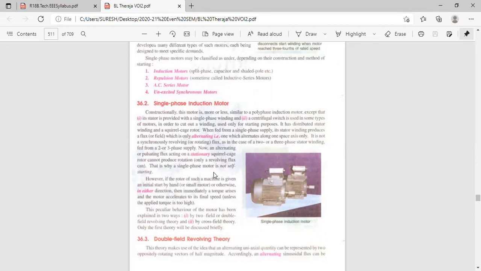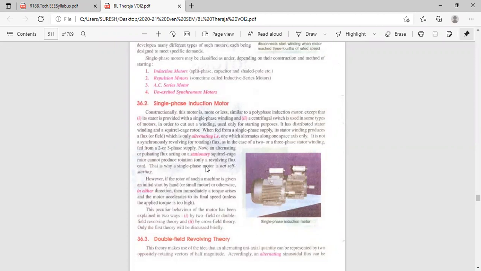You can read also, no problem. Why is it not rotating, self-starting? Our ceiling fan, a single phase induction motor. Read this para from here, when fed from a single phase supply, up to here, and you can take 2 minutes time and tell why it is not self-starting.